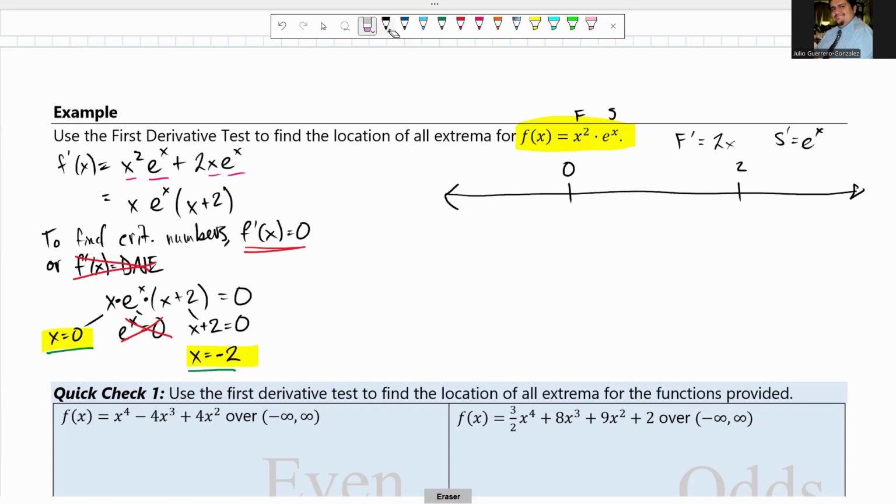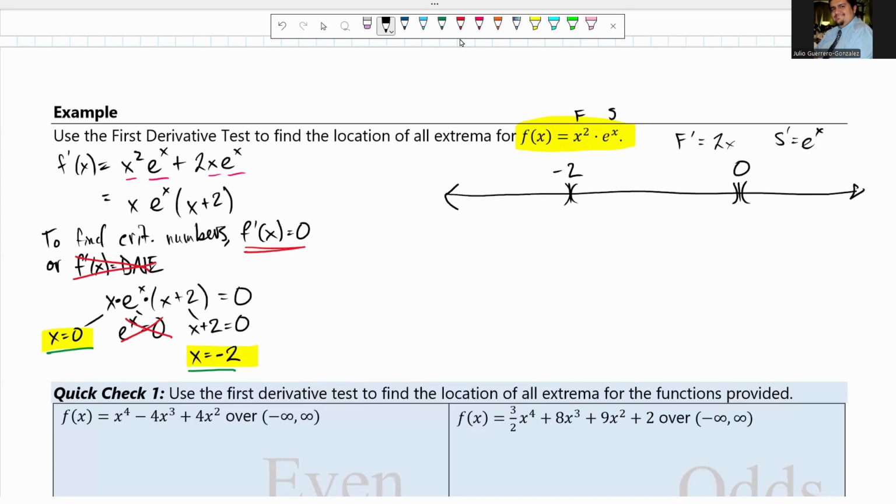Actually, I got them the other way around: negative 2 and 0. Those are our critical values. Here's my division of the number line using my critical values. There's going to be an interval before negative 2, an interval between negative 2 and 0, and then an interval everywhere above 0.